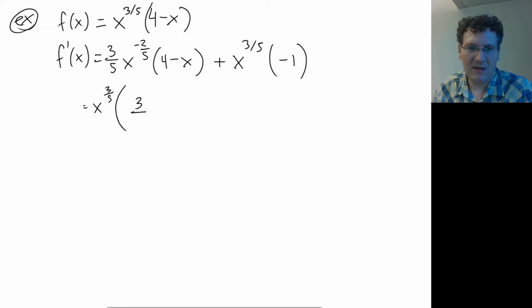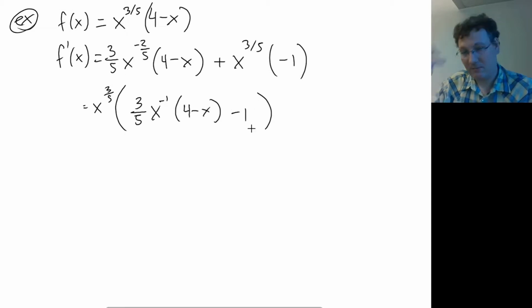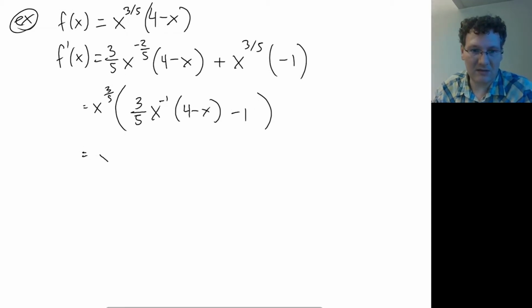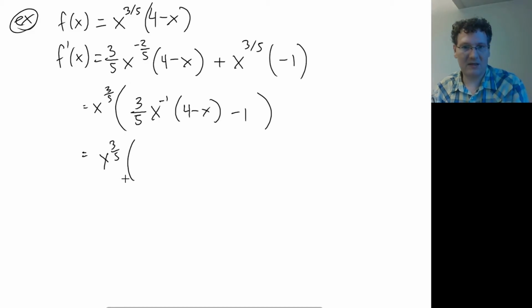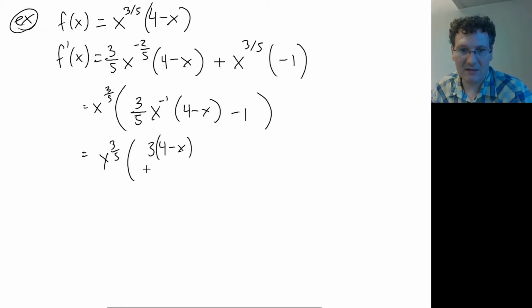So we're going to have 3/5 x to the negative 1, minus 1. And this, let's write this x to the 3/5. Actually, and then we have 3 times 4 minus x over 5x, minus 1.